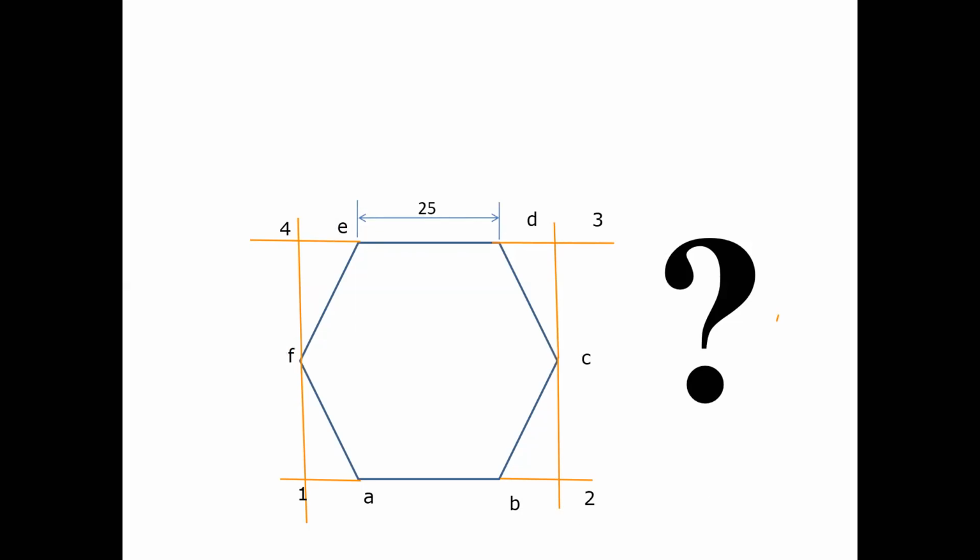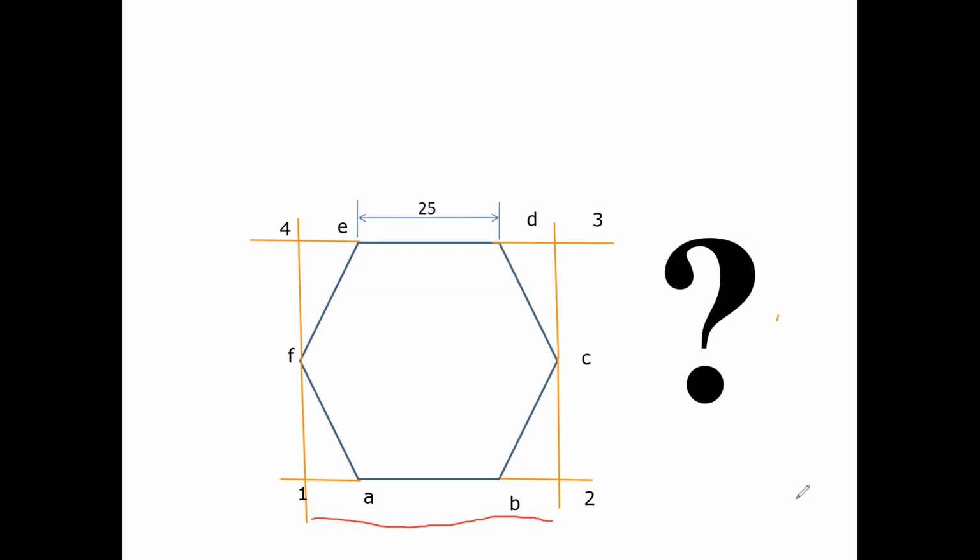Next, you need to write the dimension of 1 to 2. What is the dimension? You write the dimension here, 1 to 2. Next, you need to write the dimension 1 to 4.